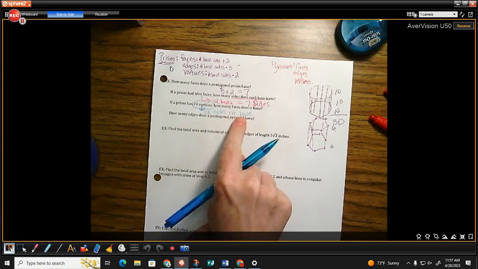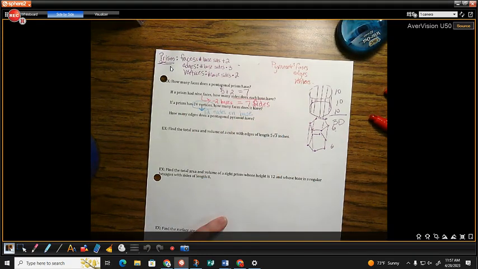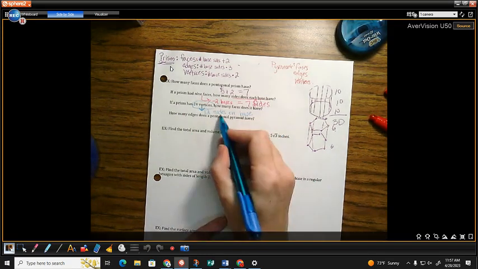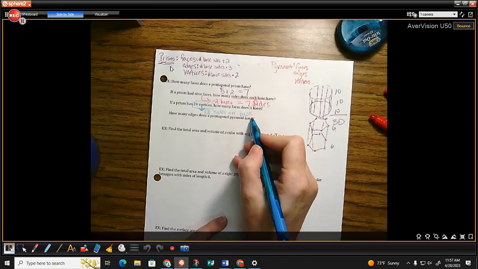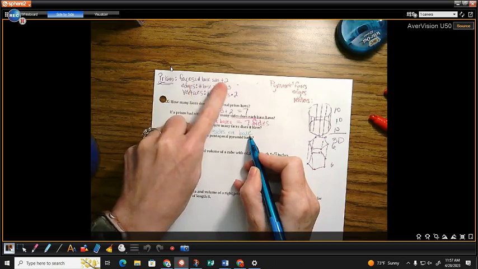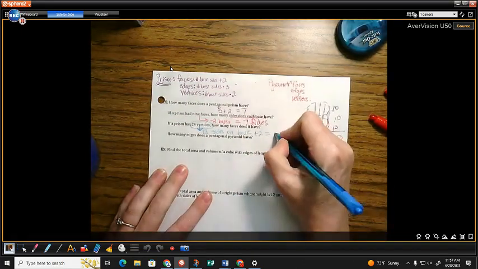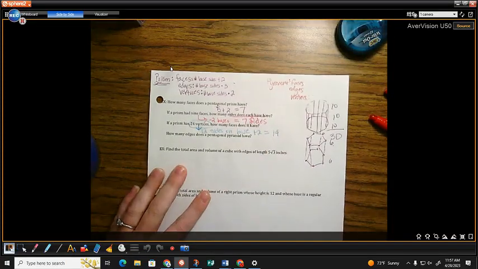Is the 12 sides on the base the same as the total number of faces on the prism? No. I would have to take 12 sides on the base and go, okay, once I have the base sides, what do I do to get the total number of faces? Add 2 to get 14. You had it right?